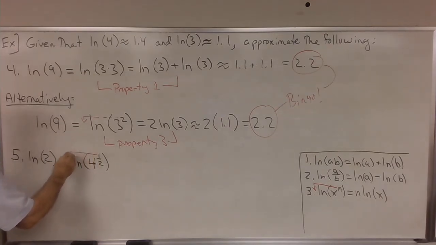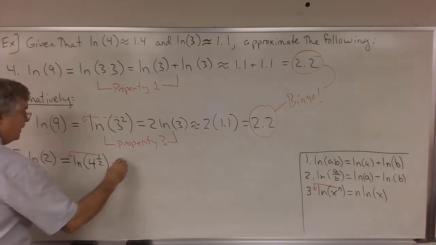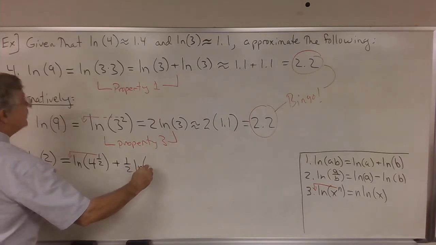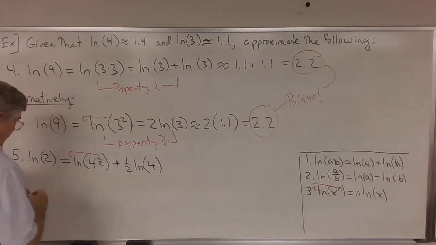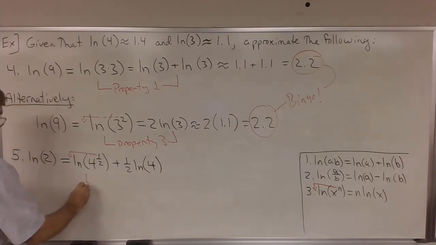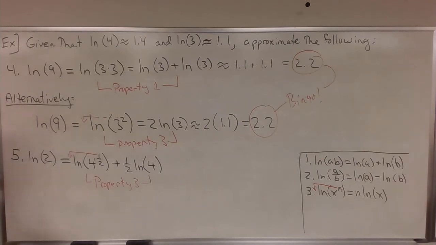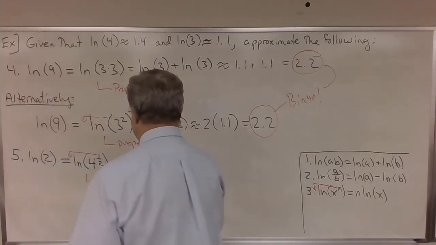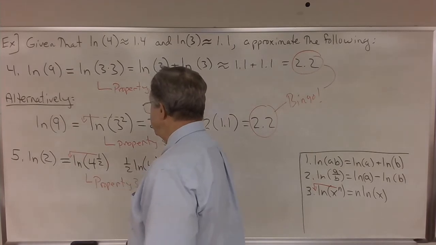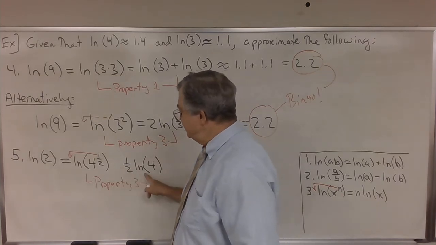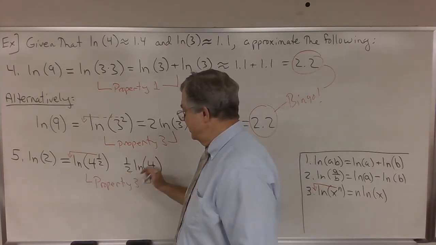And property number 3 tells us bring that exponent out front. So we bring the exponent out front as a multiplier. And thus we have property 3 again. And I hope you panicked when I wrote the plus sign here. These two things are equal by property 3.